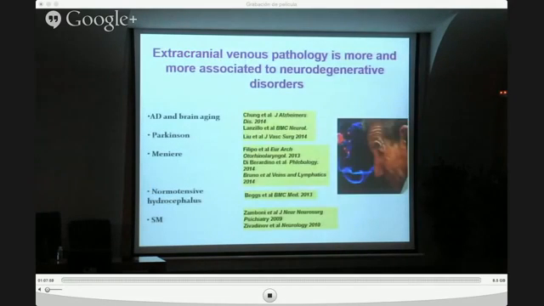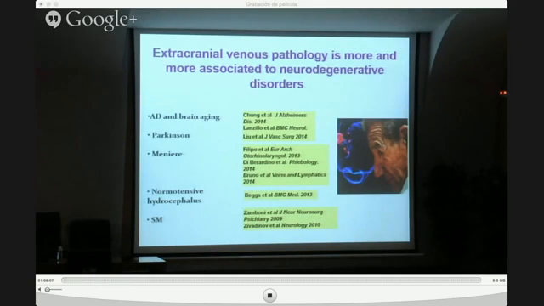Step by step, there are a lot of investigators that found that extracranial venous pathology is more and more associated to neurodegenerative disorders. No more only the first model of multiple sclerosis, but Alzheimer's disease and brain aging. Quite recently, Parkinson's.